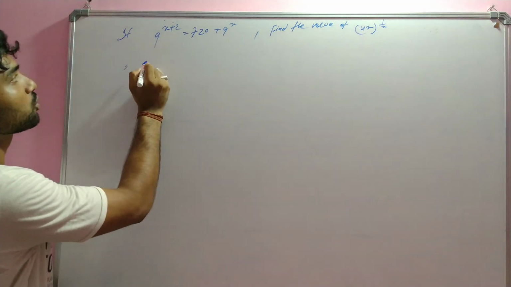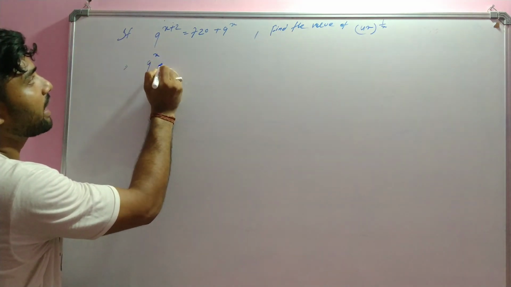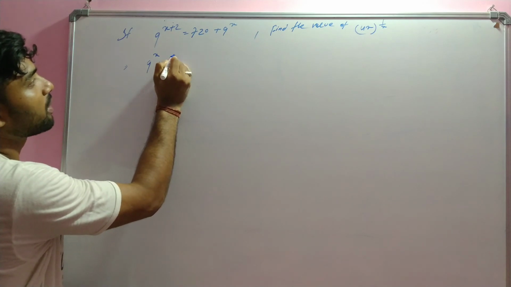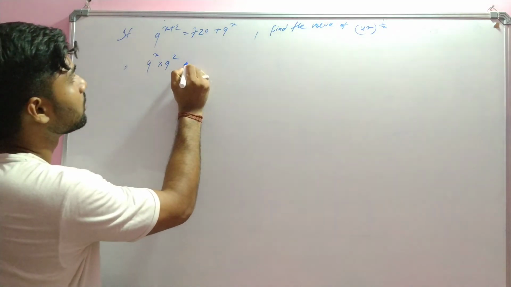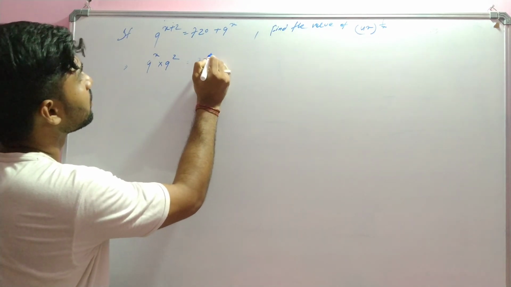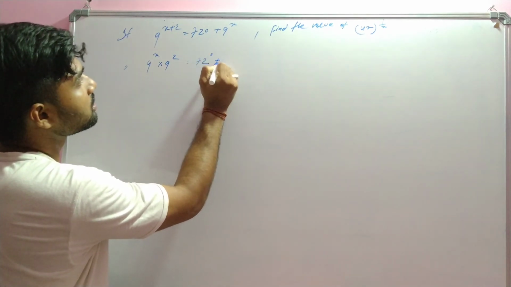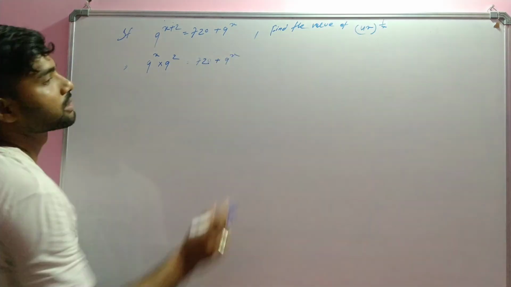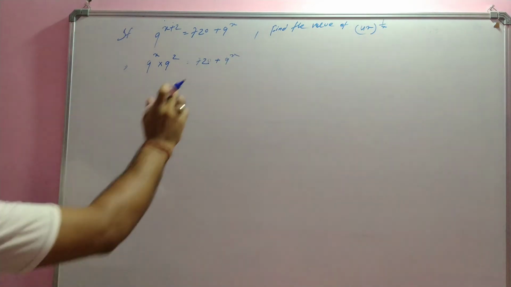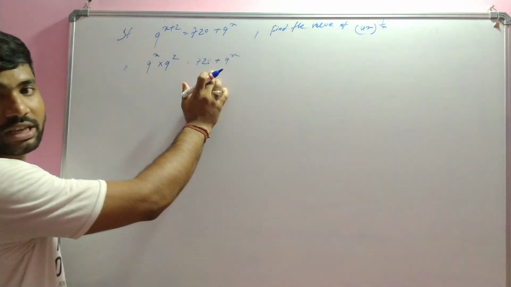9 to the power x plus 2 may be written as 9 to the power x into 9 to the power 2. Yes. And equal to 720 plus 9 to the power x. Here 9 to the power x is added with 720.